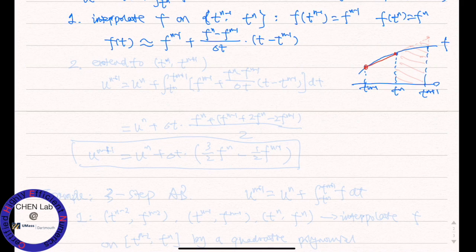We need to integrate from t_n to t_{n+1}. So we do the interpolation on t_{n-1} to t_n, and then we extend the function over here and integrate that. That's all.